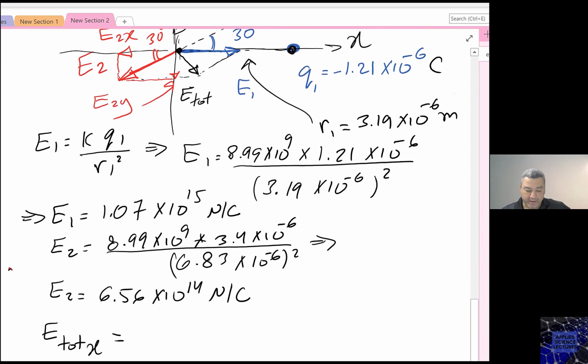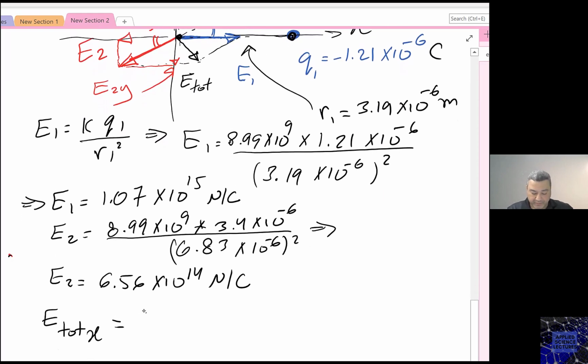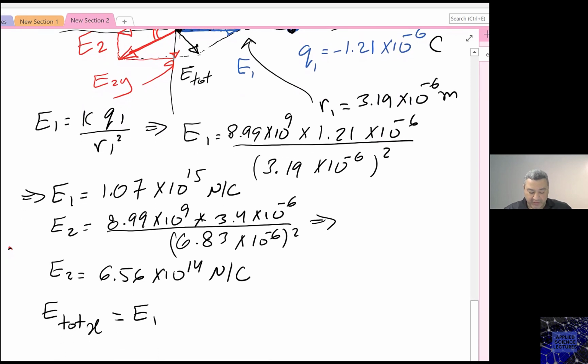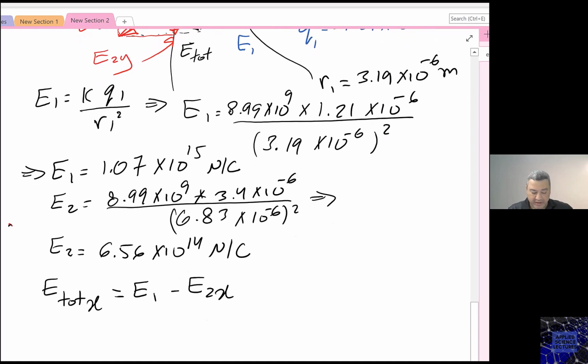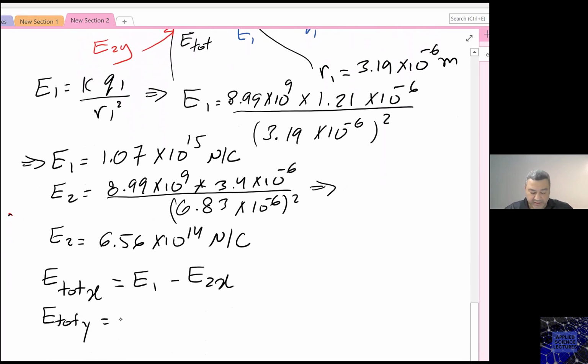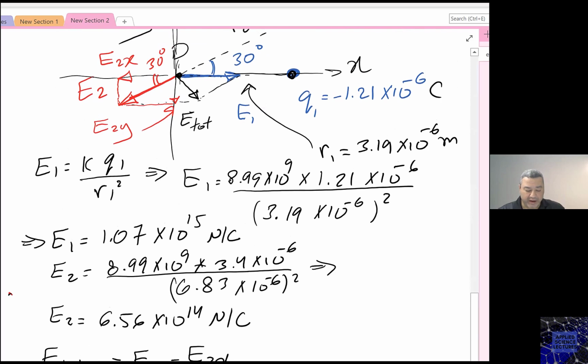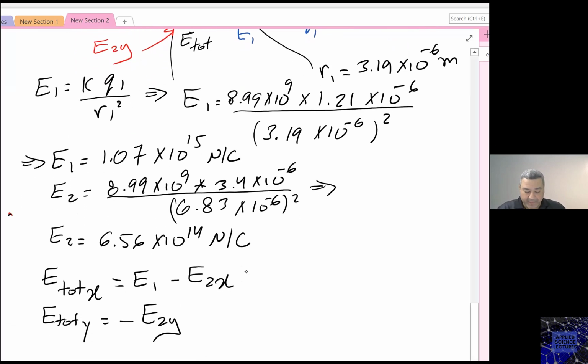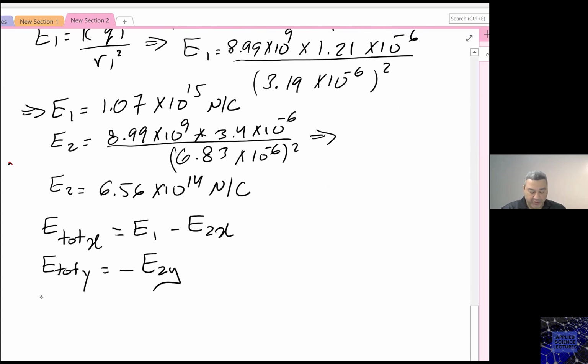So if I am to look at E dot x, it will be E1, and now because E2x is in the negative direction, it will be minus E2x. Now E dot y, I only have one component, which is a negative component, which is minus E2y. So both the x and the y's are negative. So how much E dot x?